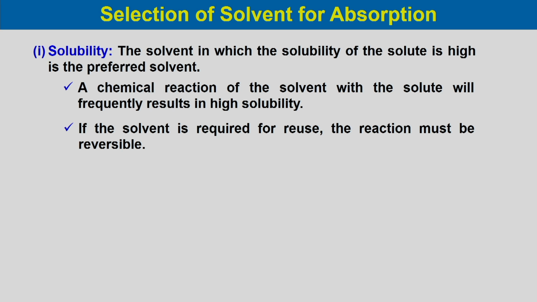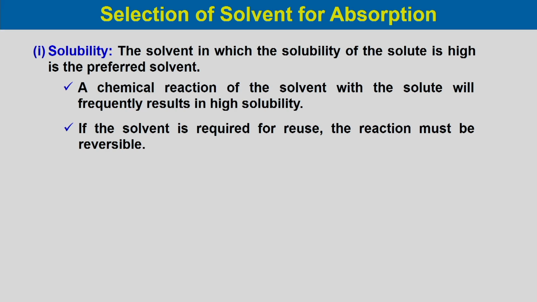Like carbon dioxide or hydrogen sulfide can react with bases like sodium hydroxide, potassium hydroxide, or alkanolamines like monoethanolamine, diethanolamine. These are highly reactive solvents for these particular solutes. So, that will enhance the total or equilibrium solubility.